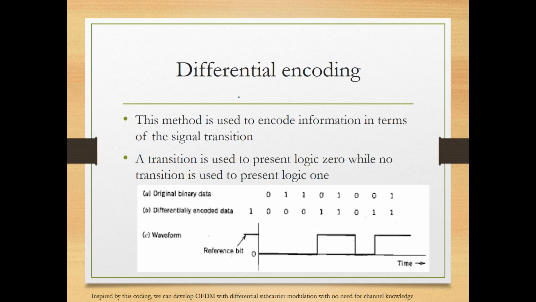You need to know several things. First, you need to know how to represent a binary sequence using these line codes. Second, if I give you a signal, you need to know what type of bits are carried or represented by this signal.